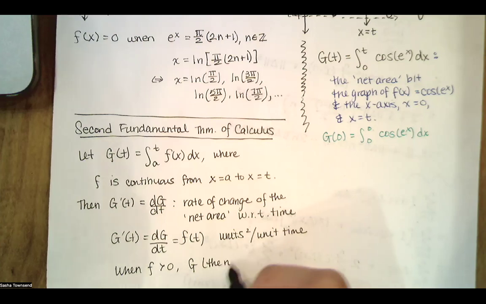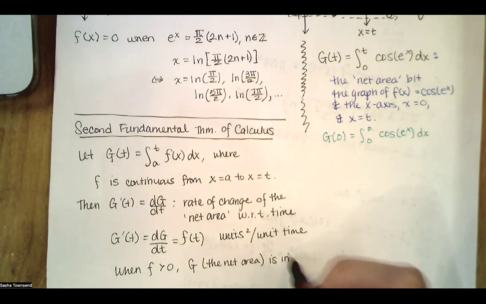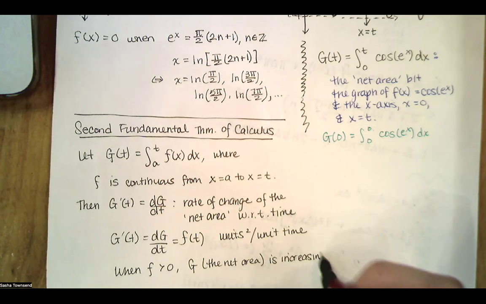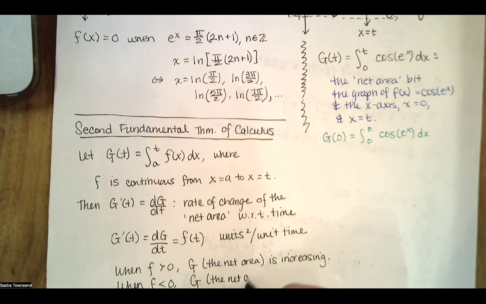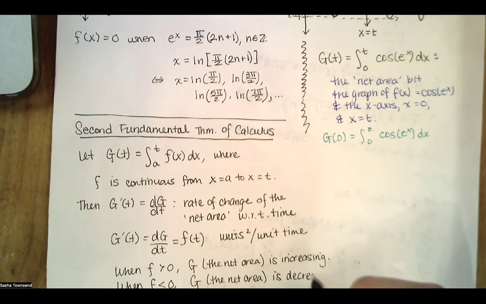So the net area function is increasing, which just means that we're adding area. And then when f of t is negative, then we're subtracting area. The net area is decreasing. Which is what we see here.